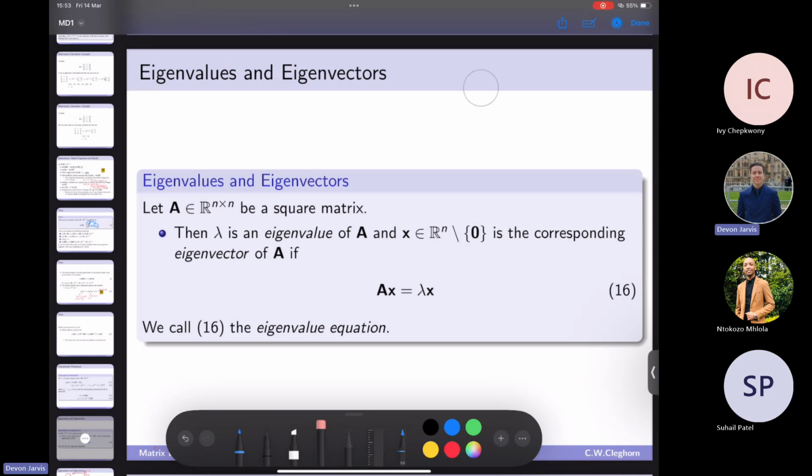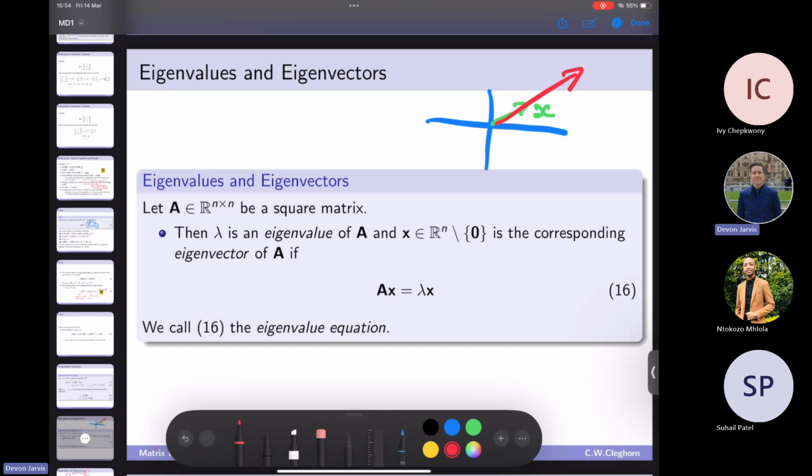For example, if I'm in a 2D space here, and I have some vector x, and I apply a mapping A to it, A can only stretch the vector if it's an eigenvector. In other words, x lies along a direction where A is just stretching. It's not doing any rotation.